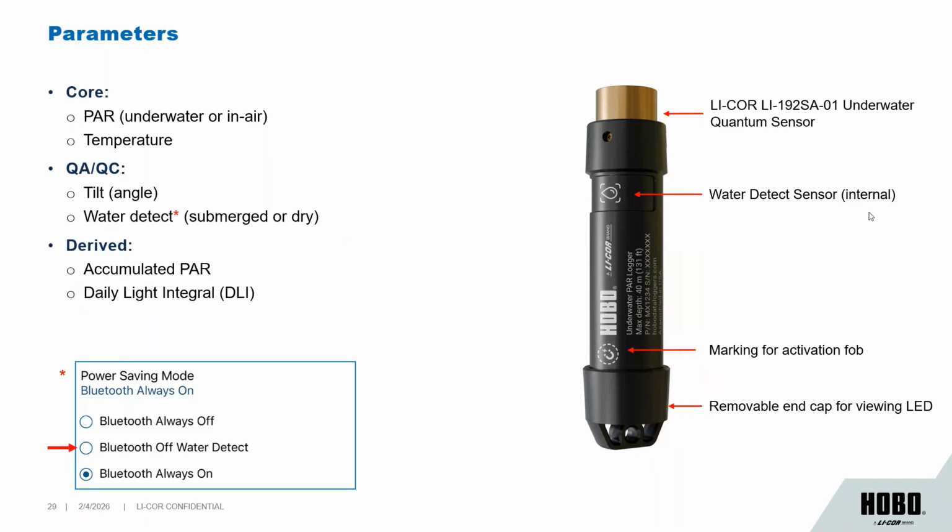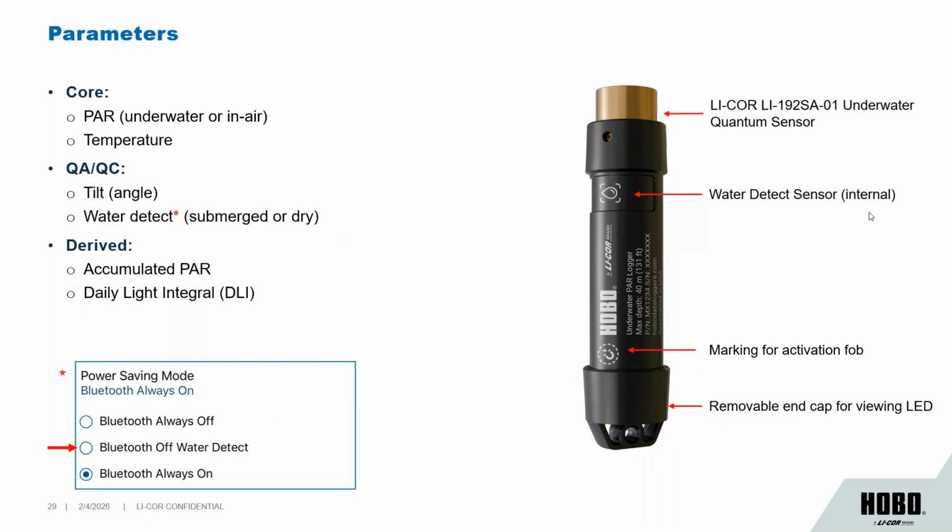And from those core parameters, we can derive accumulated PAR and daily light integral. Elizabeth already covered daily light integral and what it means, giving you a view of the previous day, that full 24 hours, what was the amount of light that was accumulated. What accumulated PAR does is, throughout the day, it gives you an update.